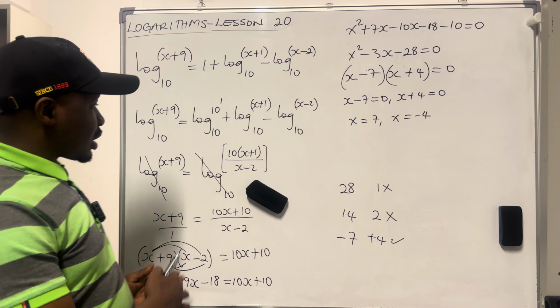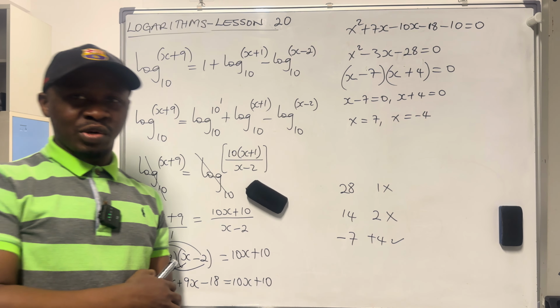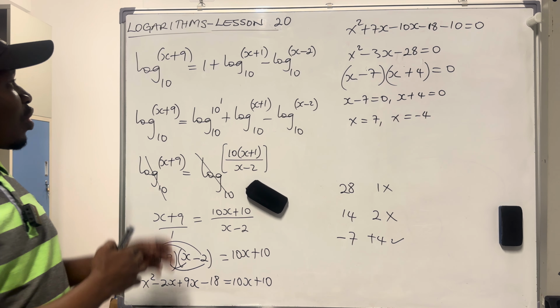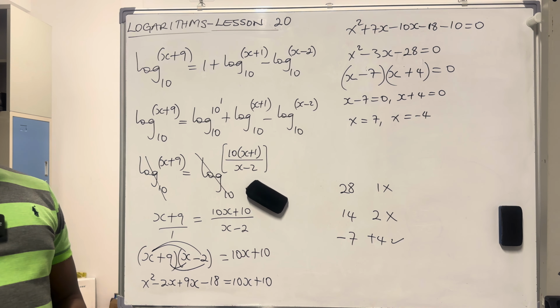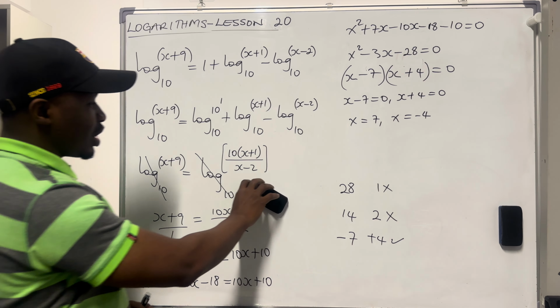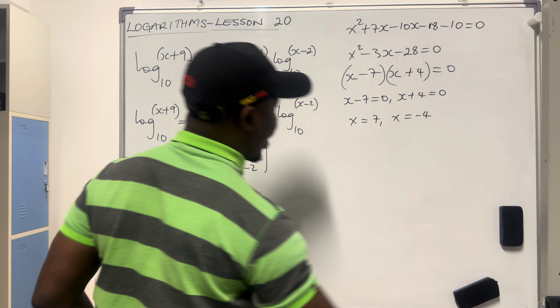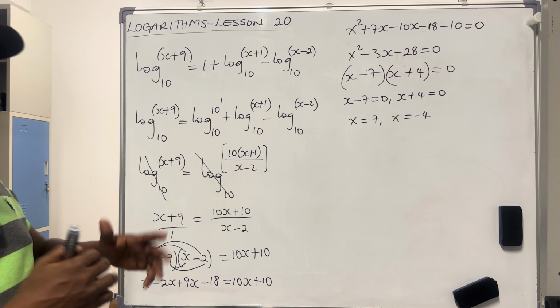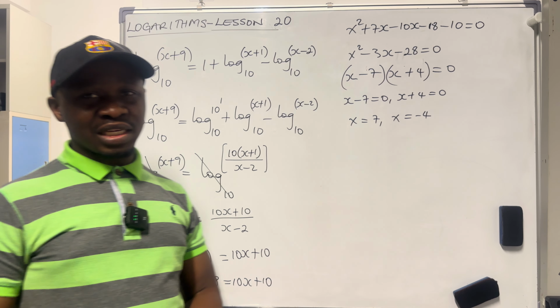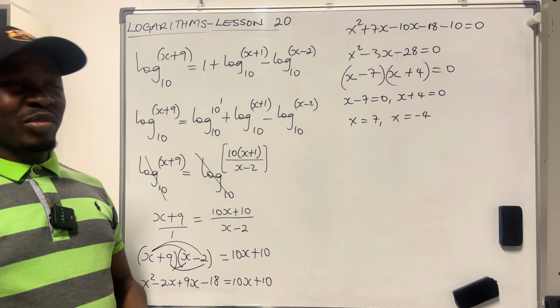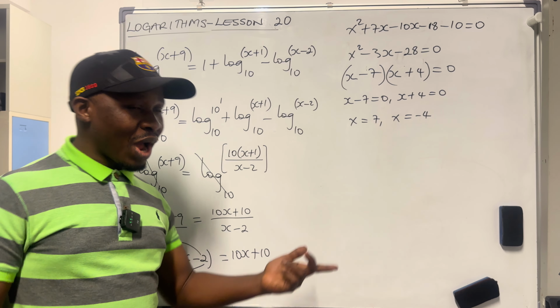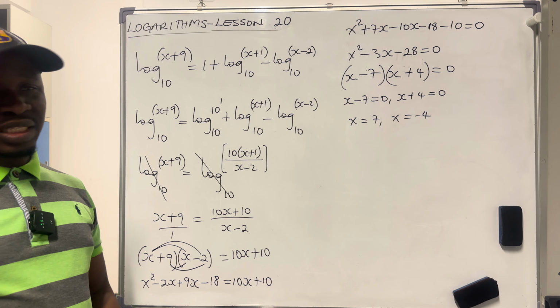The question is not just a quadratic equation. The question is what? A logarithmic equation. So having solved this into a quadratic equation, it doesn't mean that all of these are answers. It's possible that only one or two are the answers.